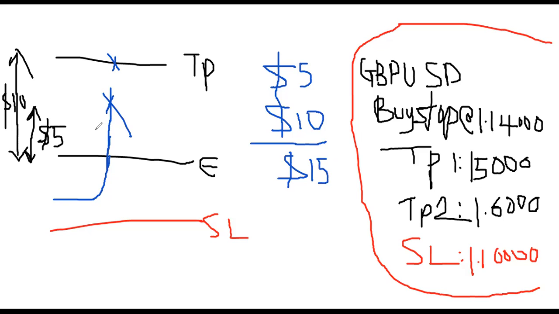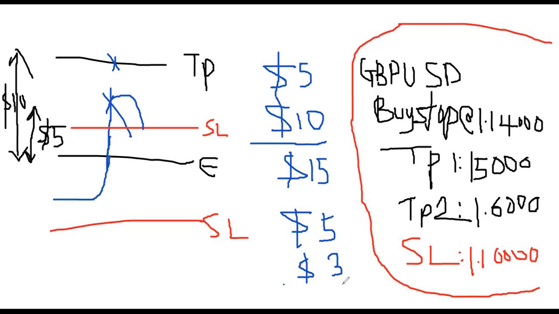Even if the trade now comes down and hits your stop loss, it will hit you in profit, meaning that will be $5 plus $3, and that will give you $8.